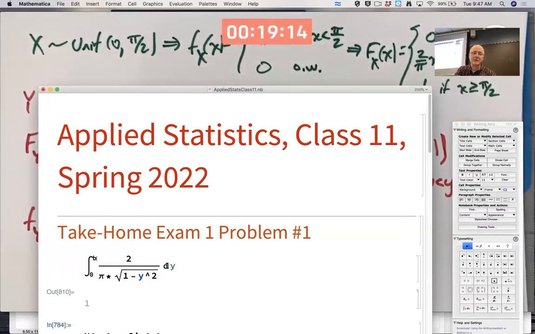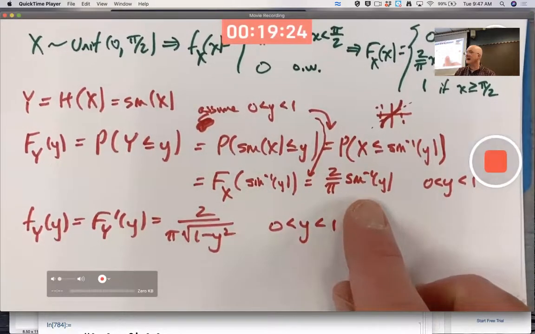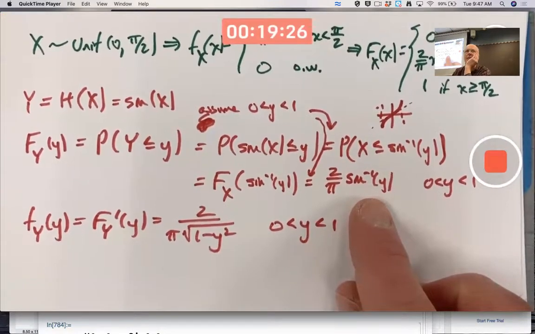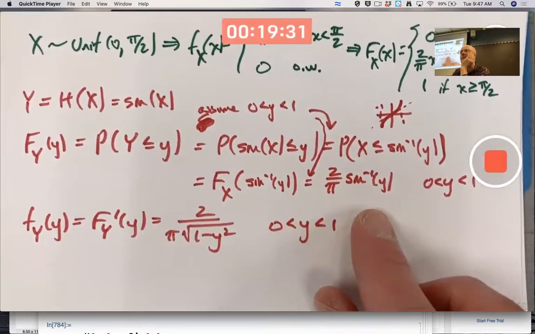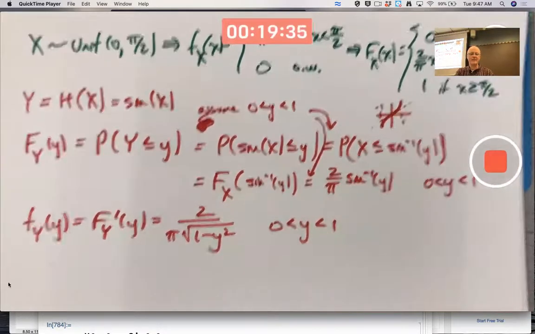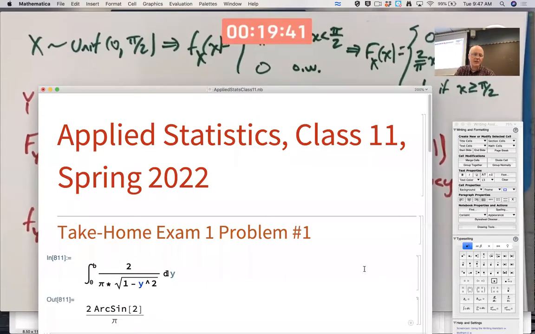But those integrals, when you do them, all equal 2 over pi times the inverse sine of b. Inverse sine of b as b goes to 1 from the left approaches pi over 2. 2 over pi times pi over 2 is 1. So technically it's an improper integral, but you didn't have to check this anyway.